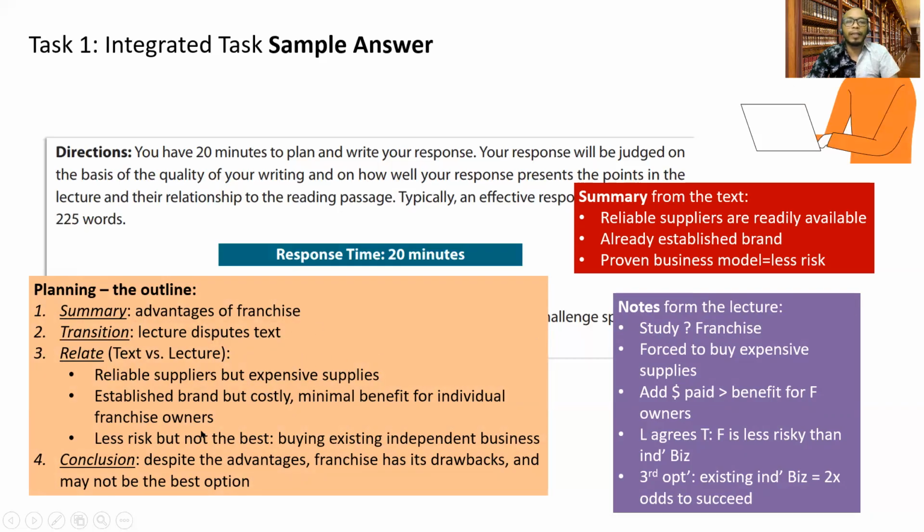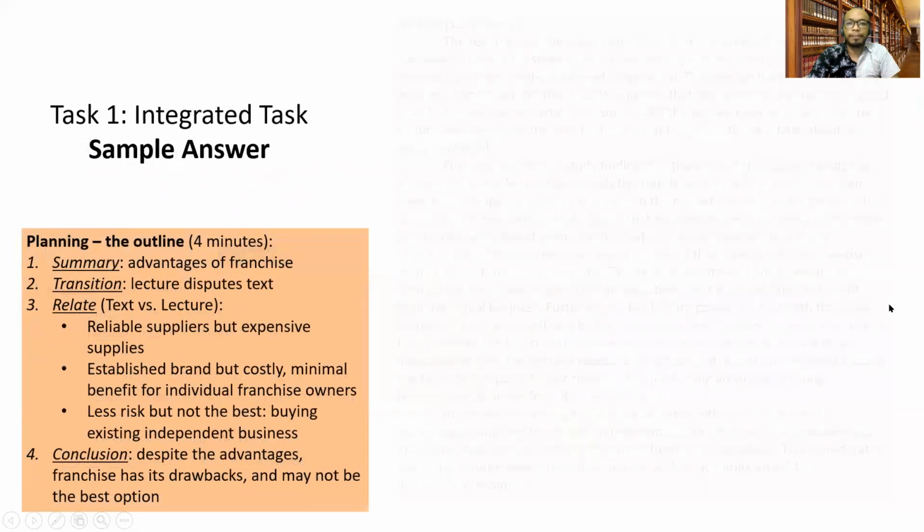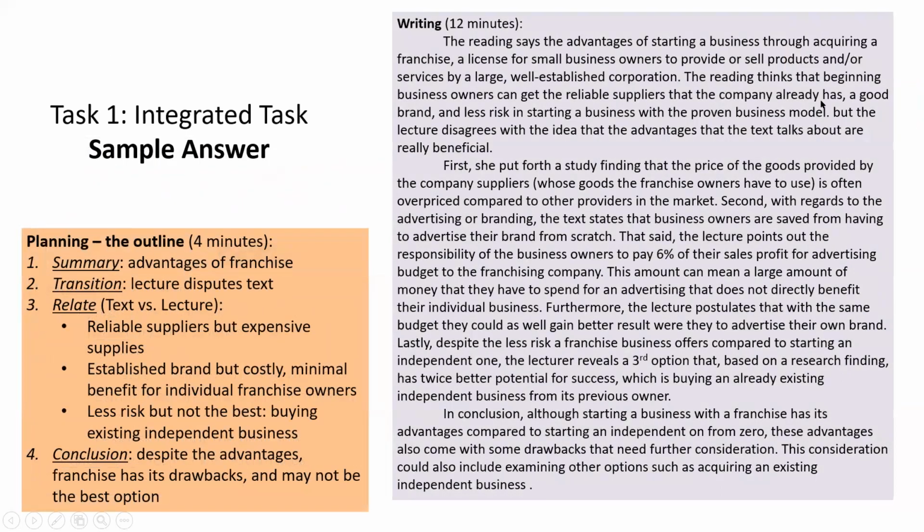Now, let's see how this outline is developed into an excellent essay. So here is the example. And if you pay attention here, you can see that the summary is the first paragraph, including the transition or the sentence that describes the lecture's stance, whether she supports or disagrees with the ideas from the text.